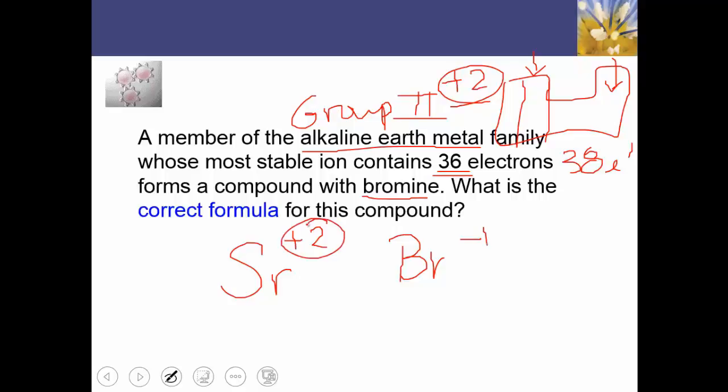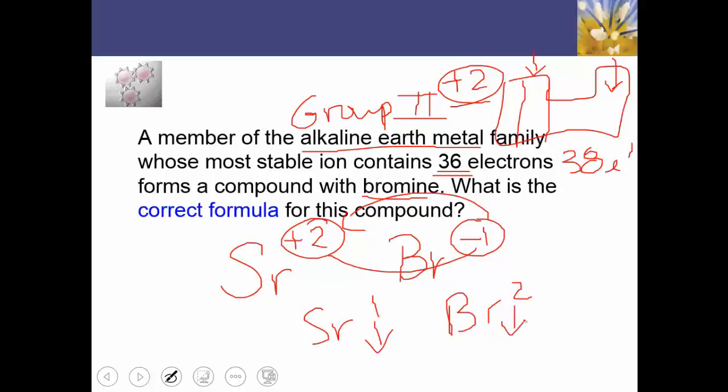So if we want to look at the formula for this, let's swap it. Strontium now is the 1 and bromine is the 2. Drop it for our subscripts. So strontium now has the 1, bromine now has the 2, and reduce it. You can't reduce the 1 and the 2 to any smaller number.